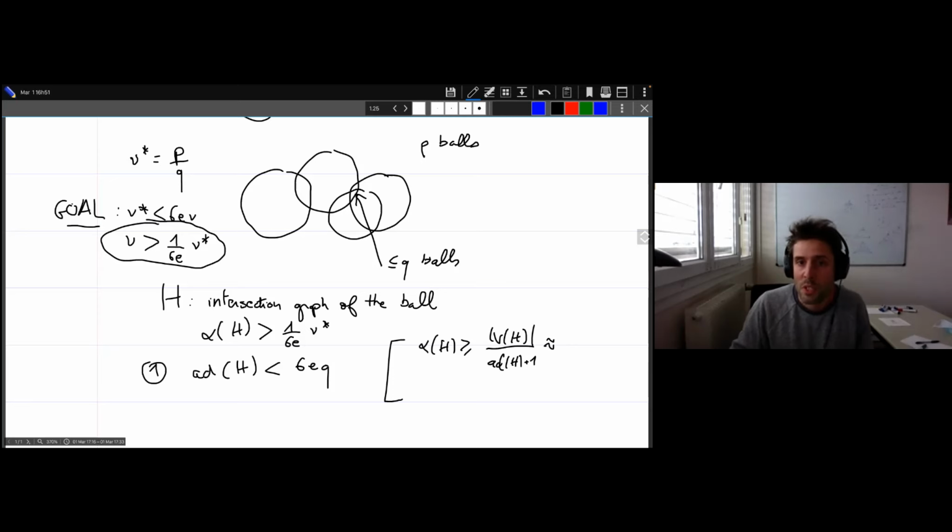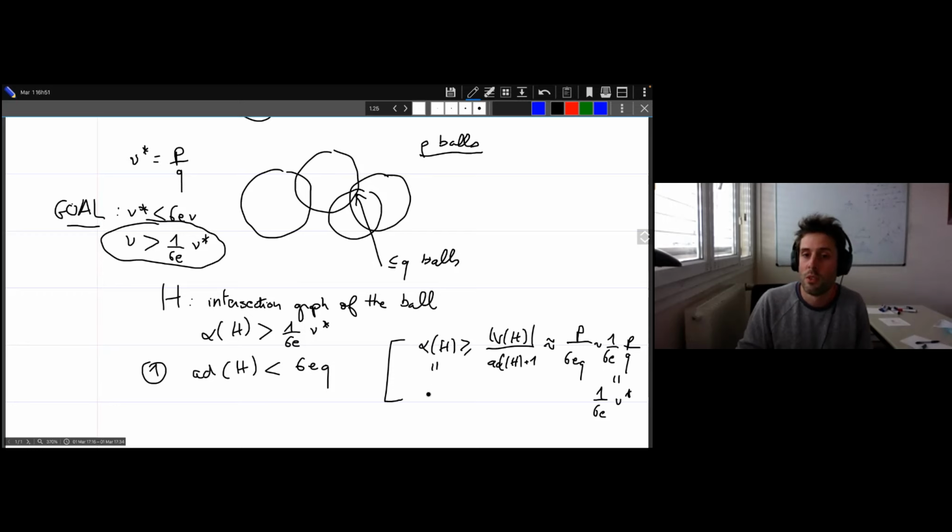What is the number of vertices of this graph? Well, we have p balls, so the number of vertices is p. And the average degree will be at most 6eq. So this is 1 over 6e times p over q, and this is exactly 1 over 6e times nu star.